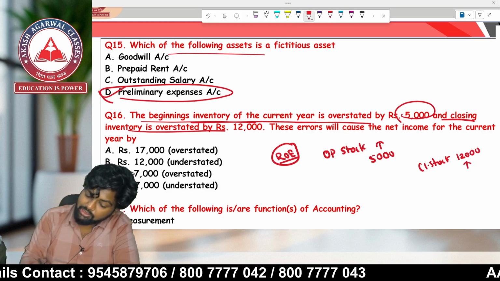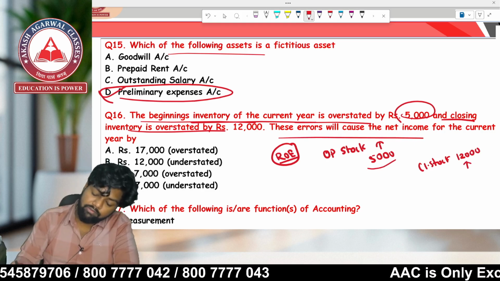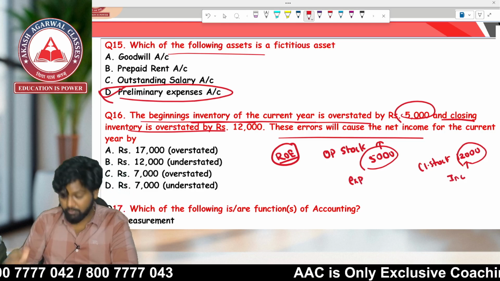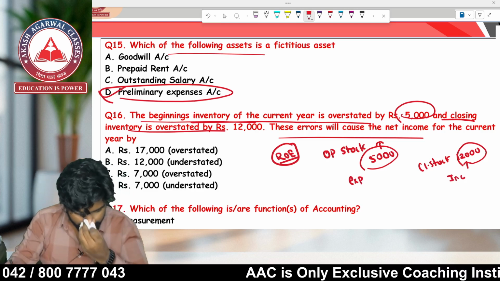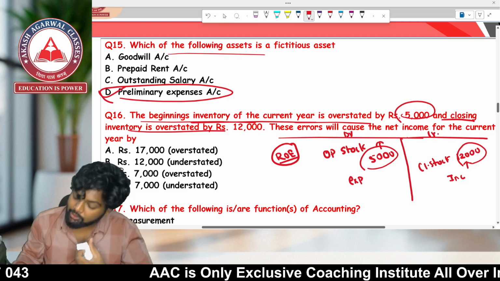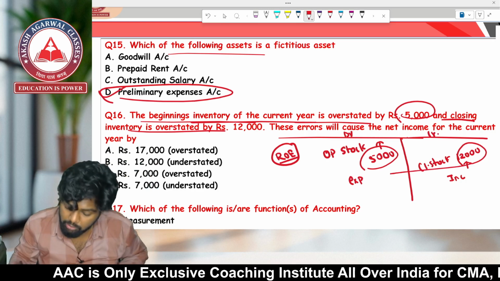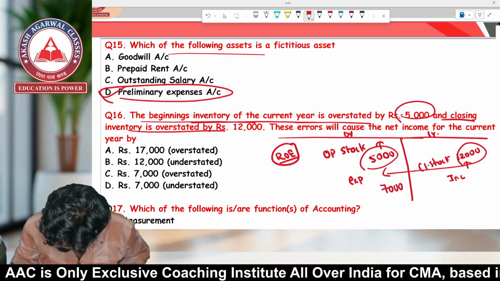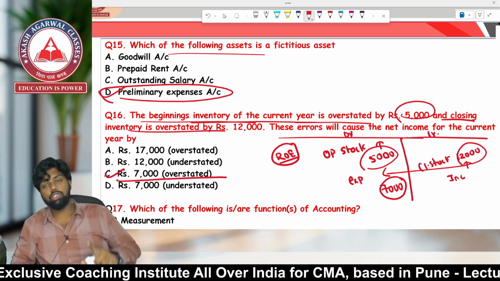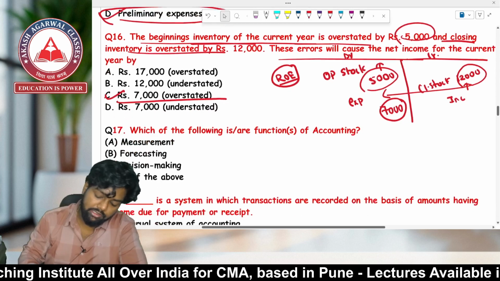This error will cause the net income for the current year to be affected. Opening stock is an expense on the debit side, closing stock is an income on the credit side. So 12,000 is greater and 5,000 is also greater. The net impact will be 7,000 overstated. Option C, because 12,000 minus 5,000 will be 7,000 overstated.